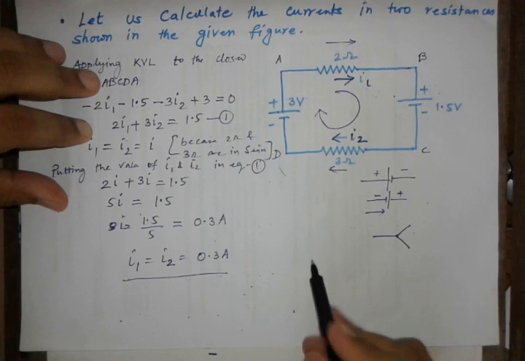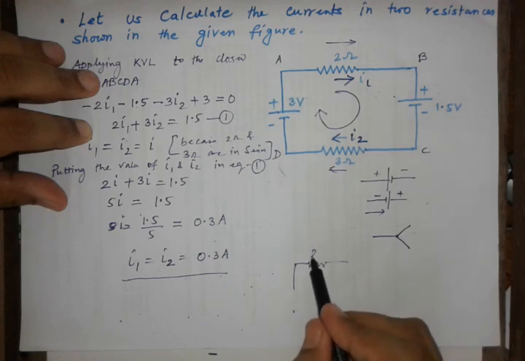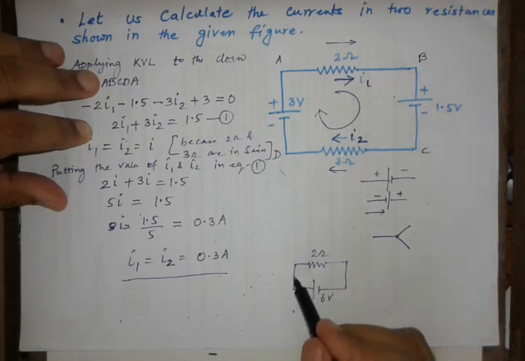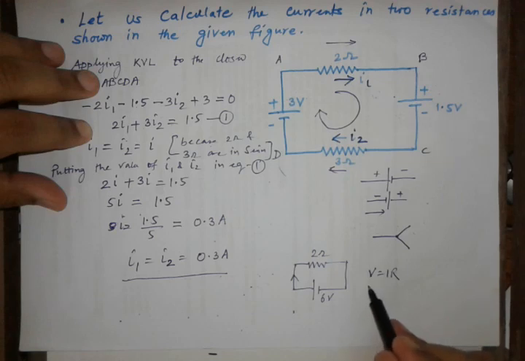I also want to explain why it is called conservation of energy. In this circuit, think this is 2 ohms and this one is 6 volt. How much current will be there? V is equal to IR. So 6 is equal to IR.